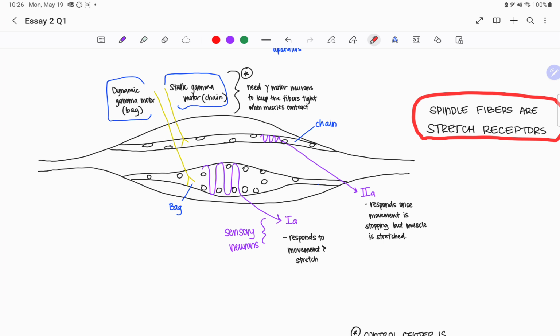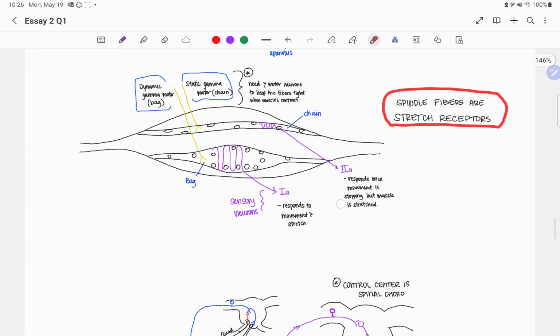So what these gamma motor neurons do is they cause it to contract when your other muscles contract, so that as soon as you start to stretch it, you have that automatic firing of these sensory neurons, letting your body know our muscle is stretching. This is really important in reflexes.